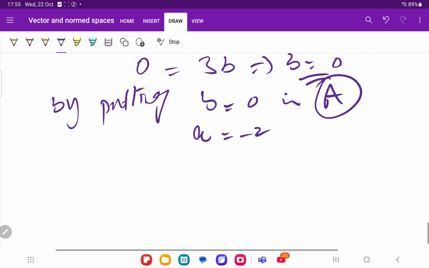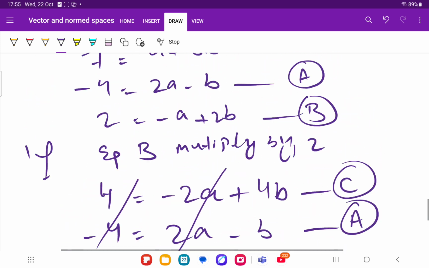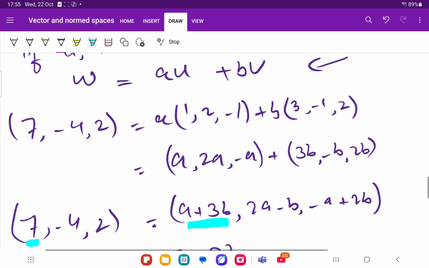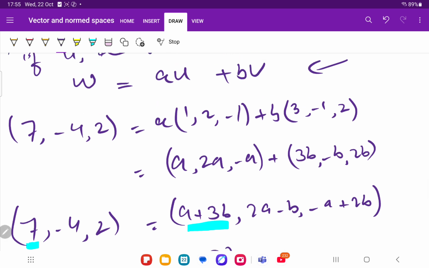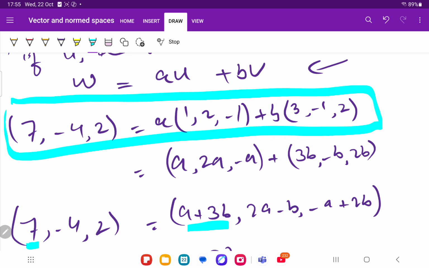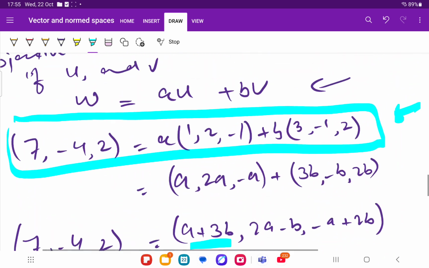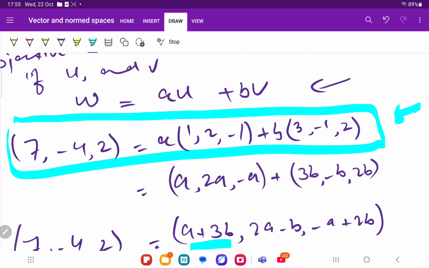Okay, since we obtained these two values, now we will put these values into the linear combination form.